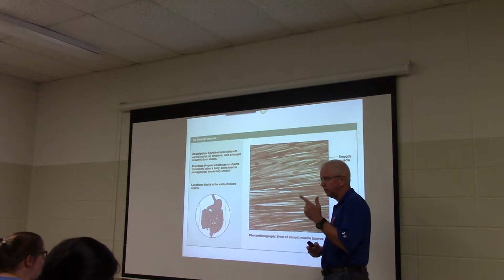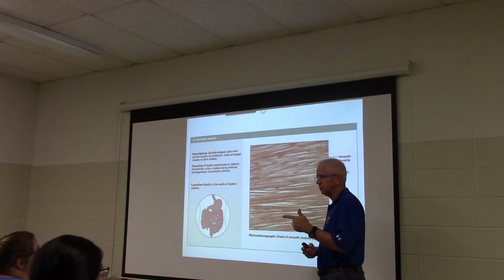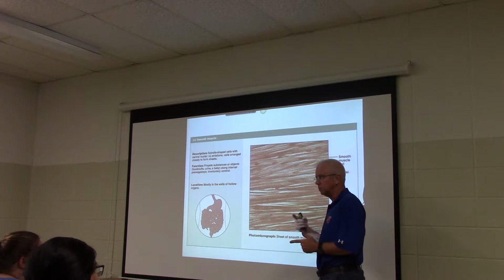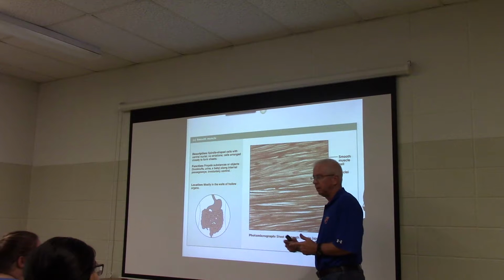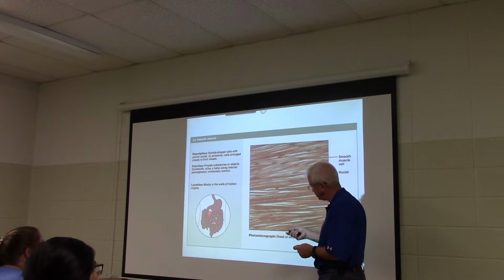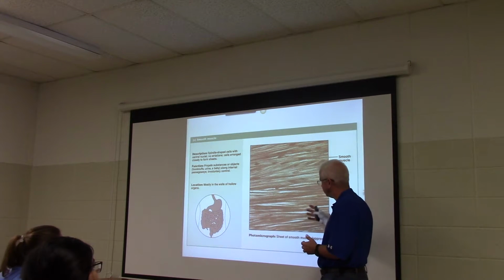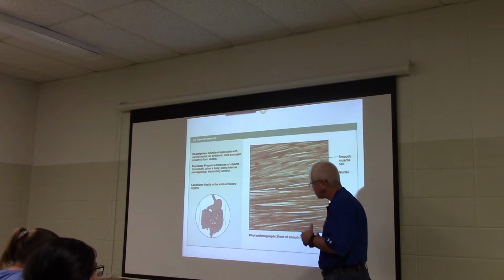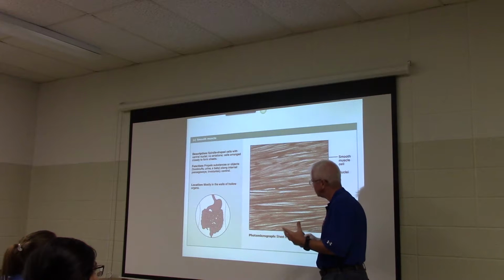You guys know that if you look at a hollow place in the body, you will expect to find epithelial lining and smooth muscle in the middle. Okay, so this is a picture of the digestive tract. This is a very important observation for smooth muscle cells in the GI tract, in the respiratory system, in the urogenital system.